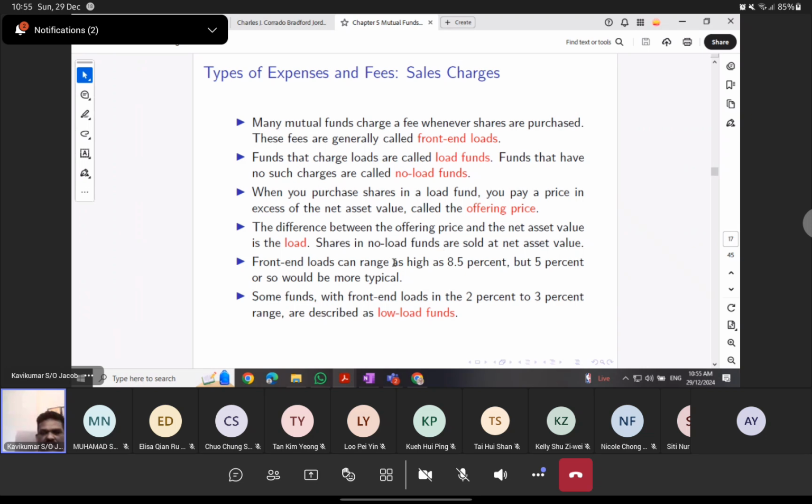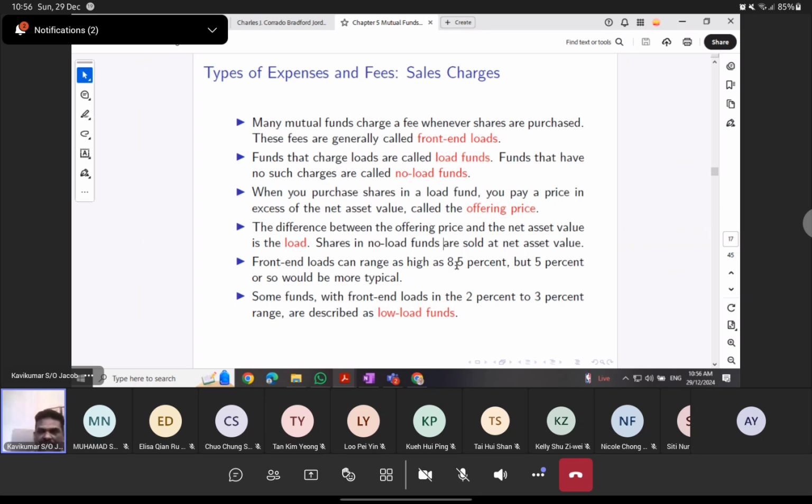Front-end loads can range as high as 8.5%, but 5% or so could be more typical. Some funds with front-end loads in the 2% to 3% range are called what? Low-load funds. Usually the front-end load can range up to 8.5%, but 5% is more common, and 8.5% depends on the kind of mutual fund.